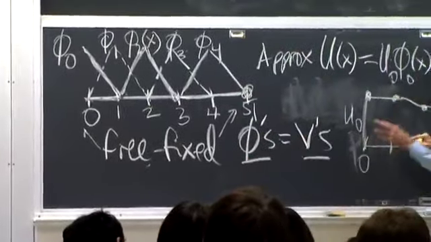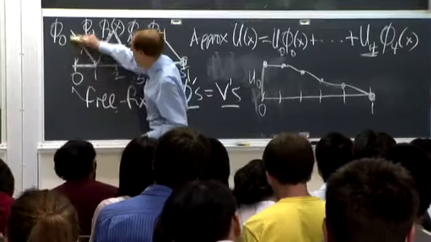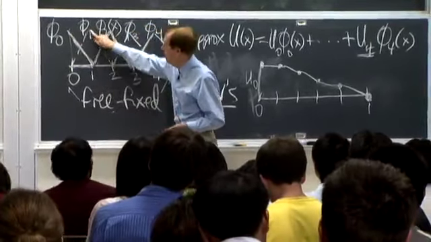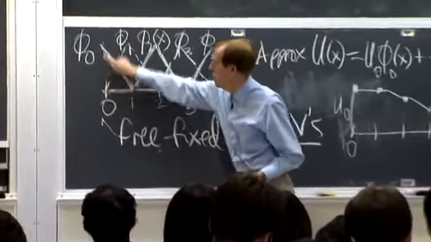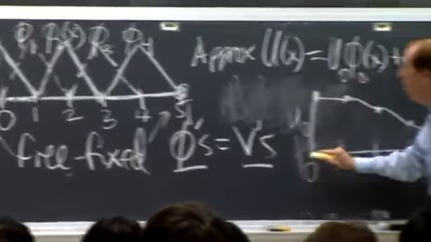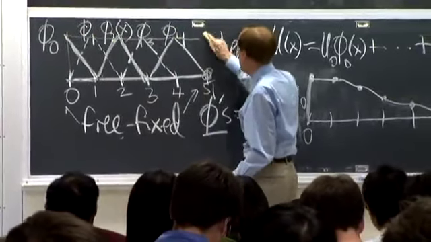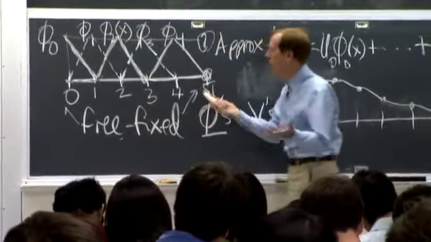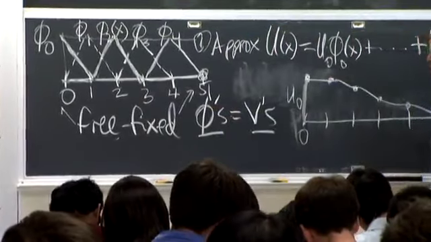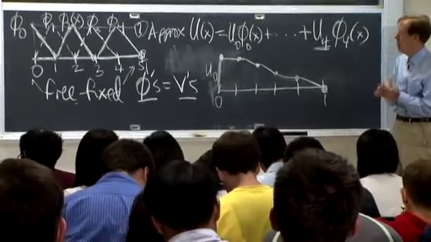Even phi1 has dropped to 0, so we're only going to see phi0 times u0. Oh, I should have said we take all these heights to be 1. Might as well. Of course, it doesn't matter because we're multiplying by u's, but let's settle. They all have height 1.